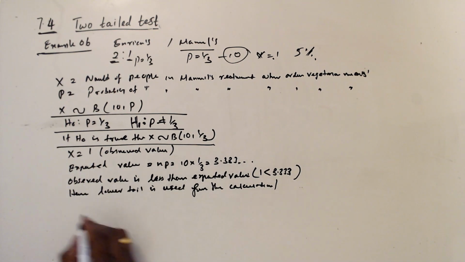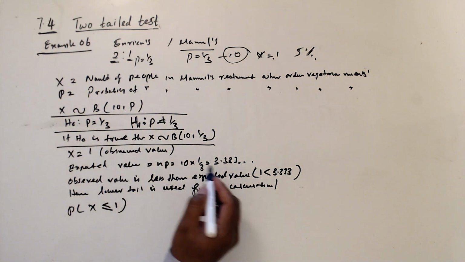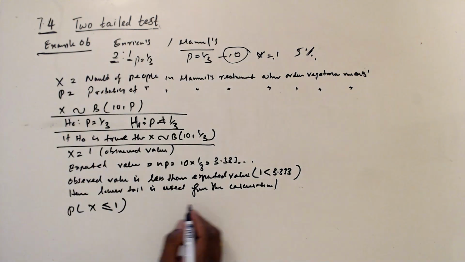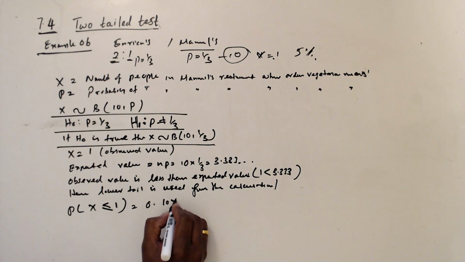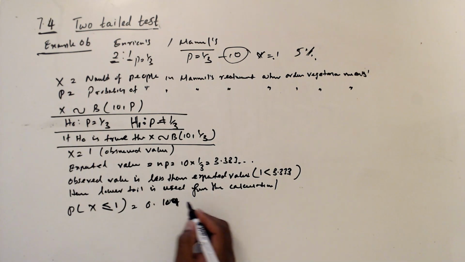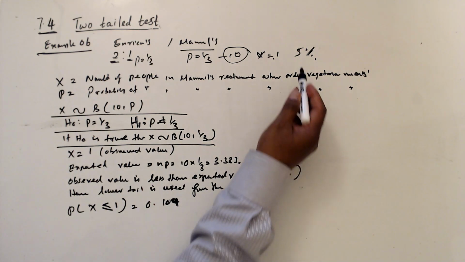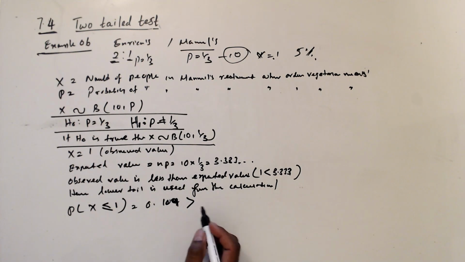From the lower tail, we find the probability of X less than or equal to 1. The observed value is 1. That is 0.104, and the significance level is going to be half of it now, because this is a two-tailed test.